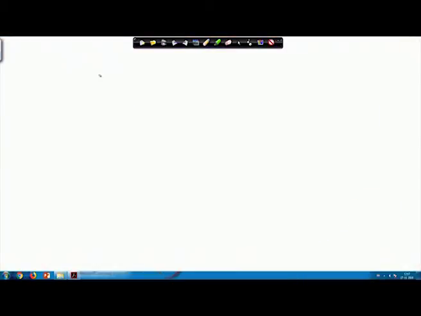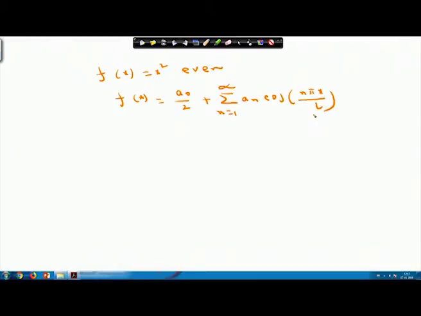Since f(x) equals x square, this is an even function, so there will be only terms of a naught by 2 and a_n. So, f(x) can be represented as a naught by 2 plus summation n equals 1 to infinity a_n, only cos term will be there, cos of n pi x by L.